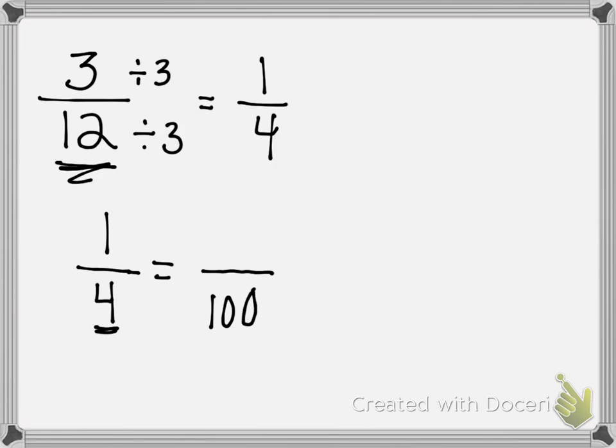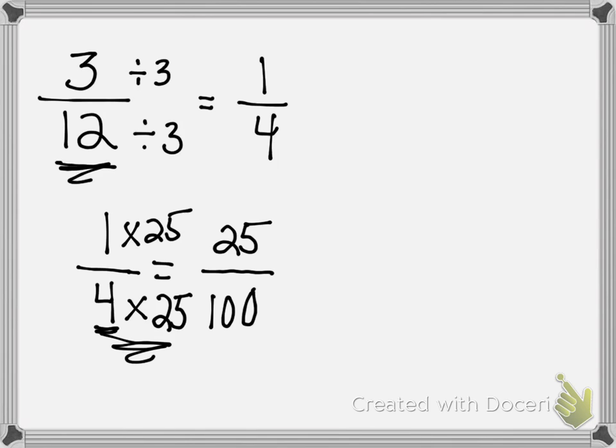So 4 times what gives us 100? Now if you think of money, there are 4 quarters in a dollar. So what about 25? Like 25 cents times 4 is $1. Whatever we do to the bottom, we have to do to the top. So our equivalent fraction of 1/4 is 25 hundredths.